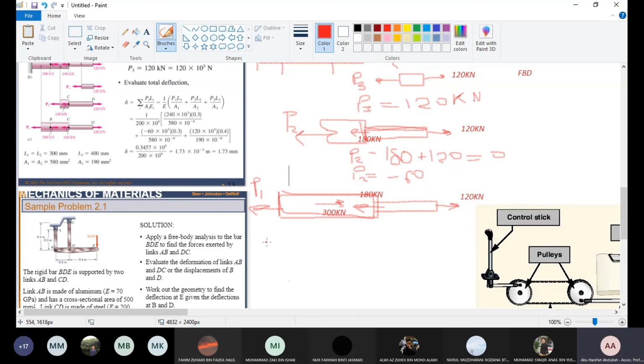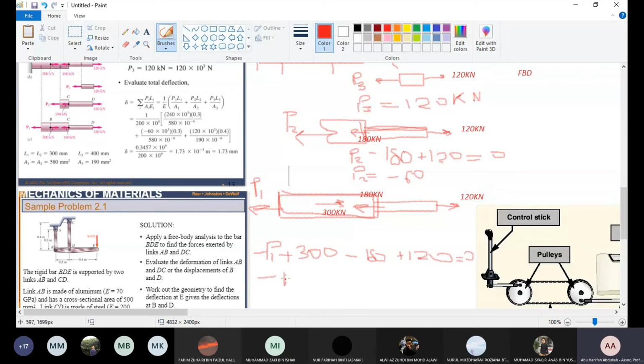So it will be P1 plus 300, minus, because going to the left, minus 180, plus 120 equal 0.